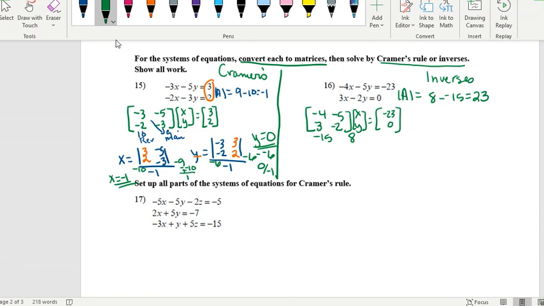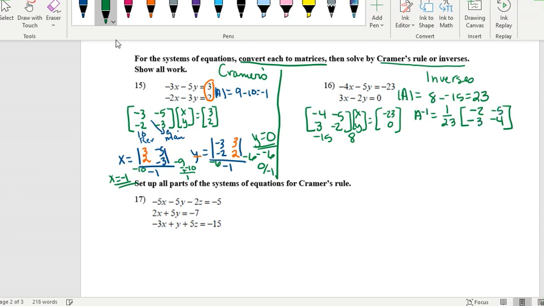Yes, that's right. Okay, and then I'm going to do an inverse, and that's going to give me 1 over 23 times a magic square. What is the magic square? I'm going to change the diagonals. The main diagonal swaps places, and the reverse diagonal just becomes negative.